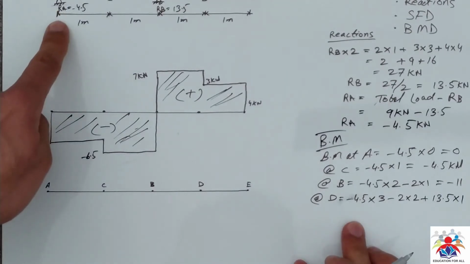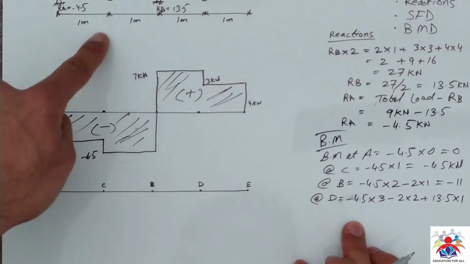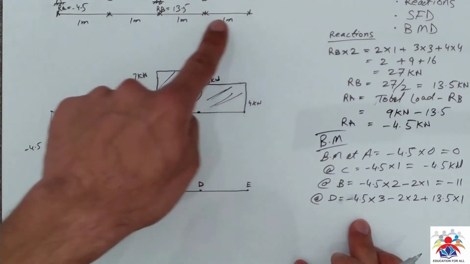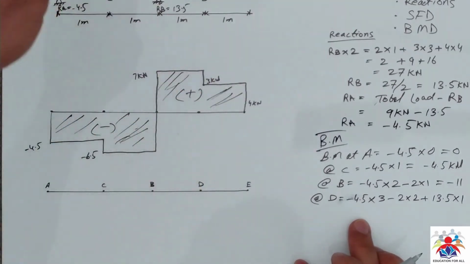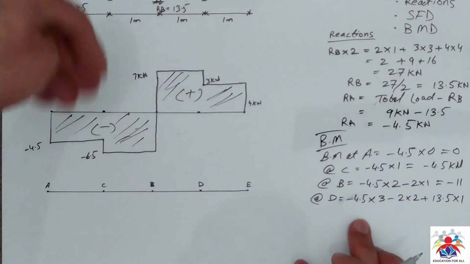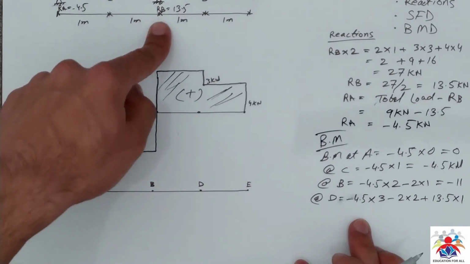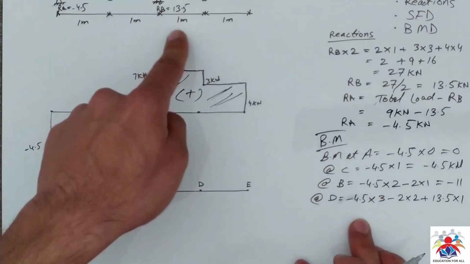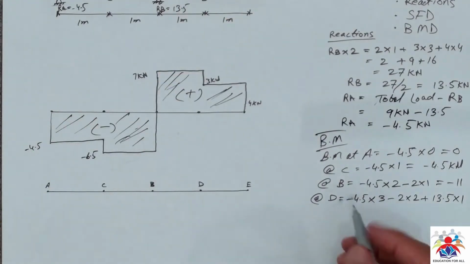Minus 4.5 multiplied by 3 because the distance is 3; 2 kilonewton multiplied by 2 because the distance is 2 meters, and it is minus because the 2 is acting downwards. And then we have RB, which is 13.5 acting upwards, which is plus 13.5 to get to point D. So at point D we will get minus 4 kilonewton.